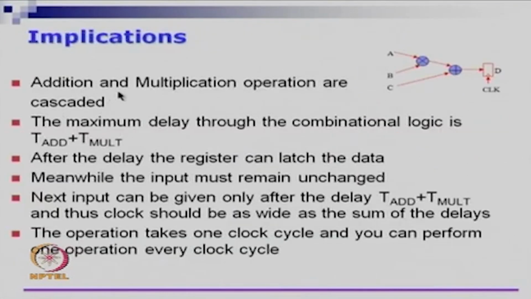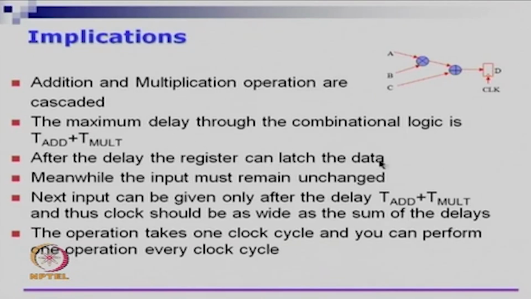So the implications are that addition and multiplication are cascaded, because we have one combinational blob followed by another combinational blob. If I want to look at the rate at which I can give these inputs, this is from global inputs to flip flop. The longest path in that will be through the multiplier and the adder. So the maximum delay through this combinational logic is propagation delay of addition plus propagation delay of multiplication.